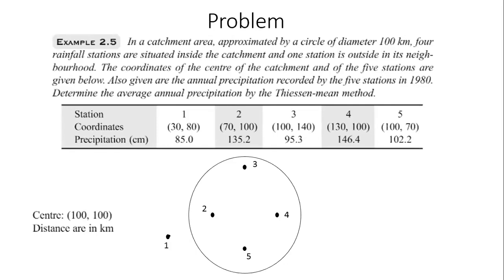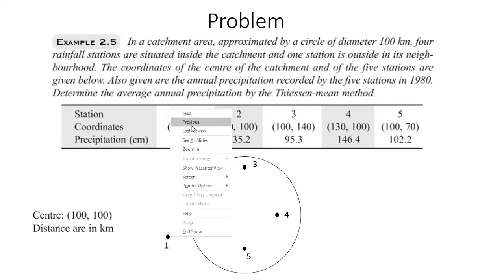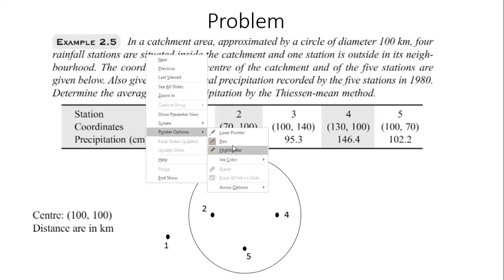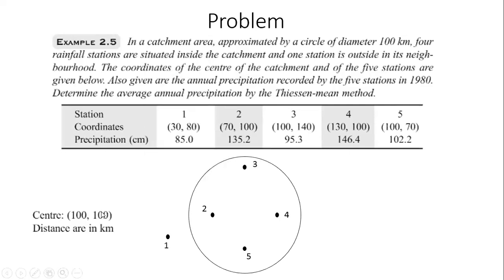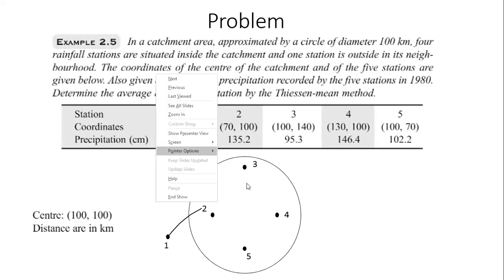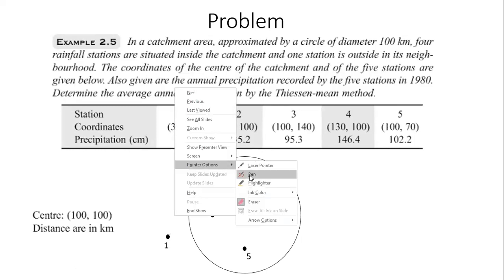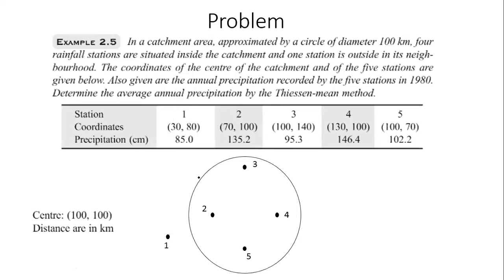So to do that, we first connect these. I just draw triangles connecting these. I'm trying to draw a straight line between point 1 and point 2.